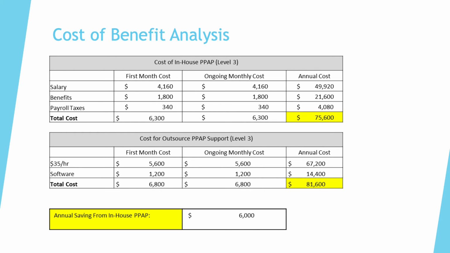Software is additional for this service, excuse me, and that is $1,200 with an annual cost of $14,400. Total cost to outsource PPAP support for a year is $81,600. That is a $6,000 difference compared to the cost of in-house PPAP support.